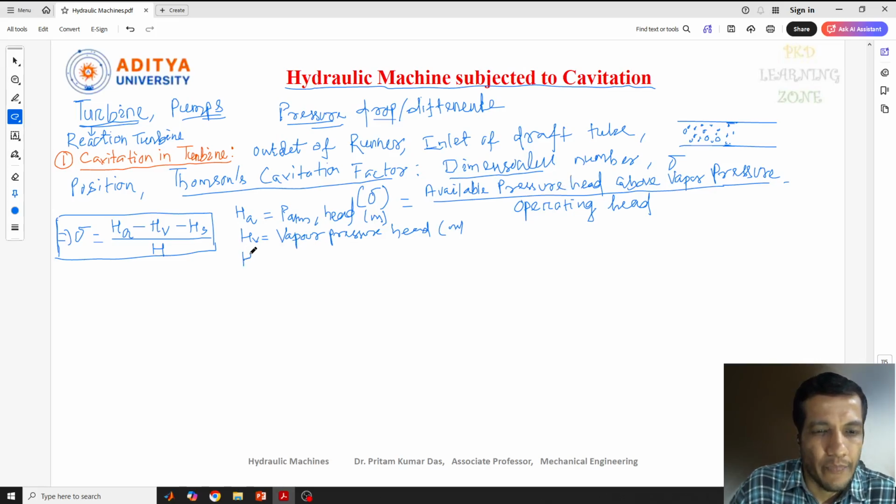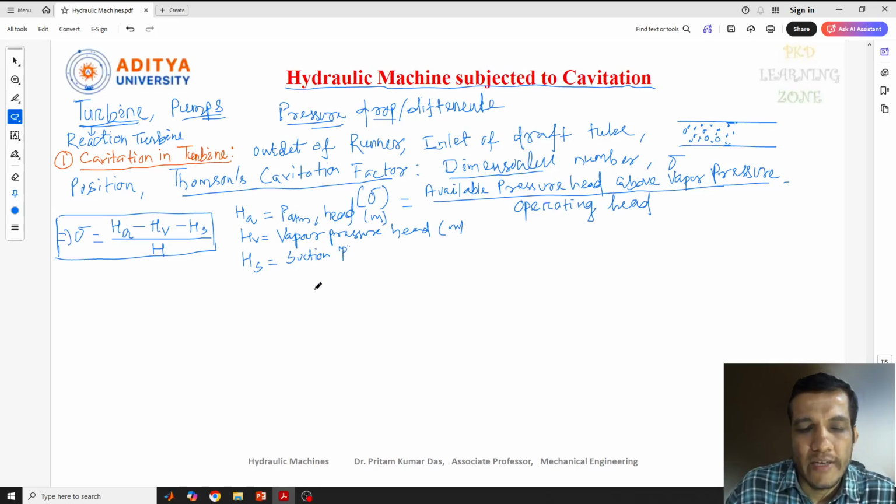Similarly, this is the S. S is nothing but the suction pressure at the outlet condition. The head at the suction pressure at the outlet of the reaction turbine. The head which is present at the suction pressure at the outlet of the turbine. That is HS.